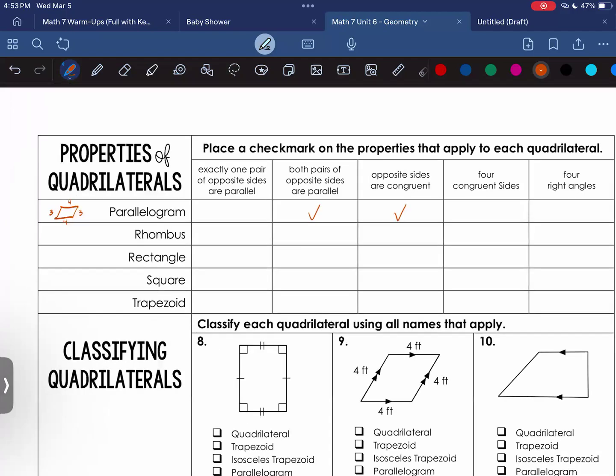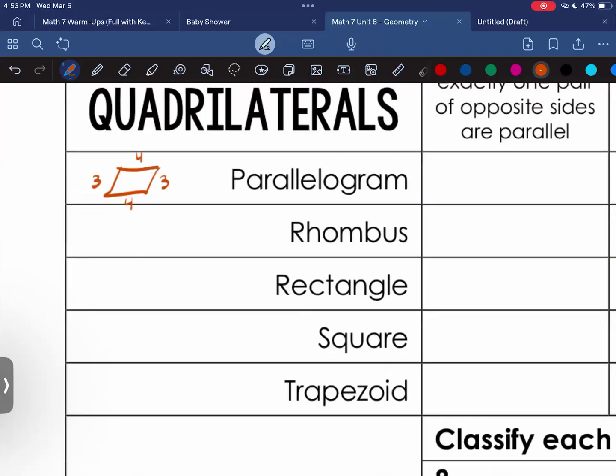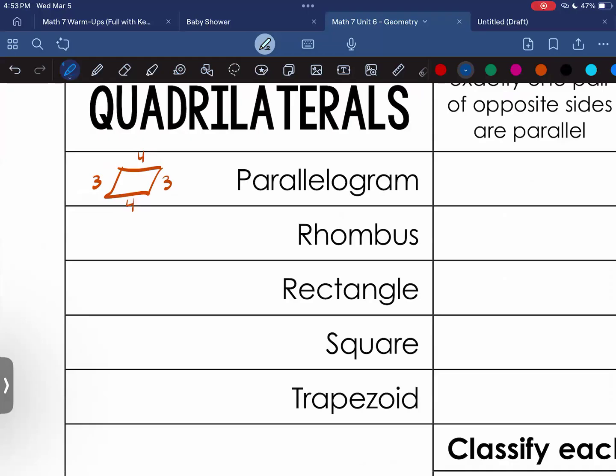A rhombus. If you have forgotten what a rhombus looks like, we're going to try to draw that over here. Very similar to a parallelogram.